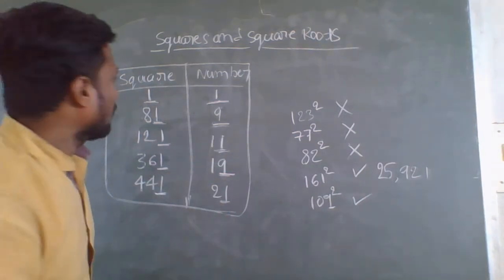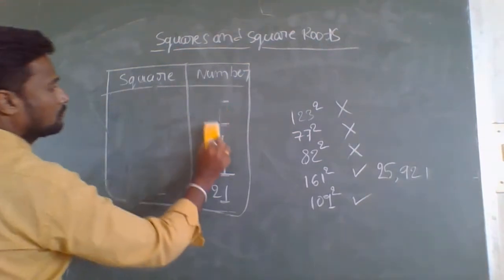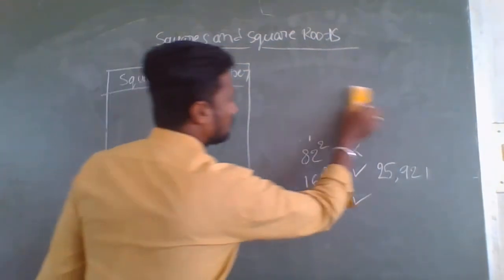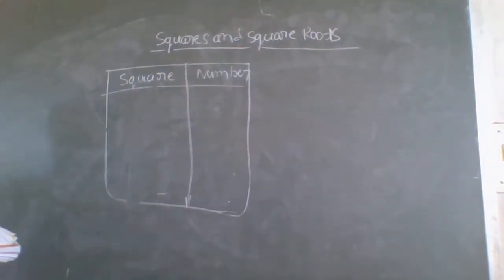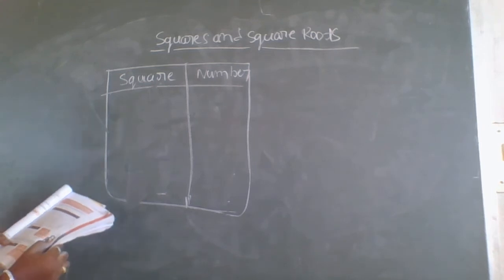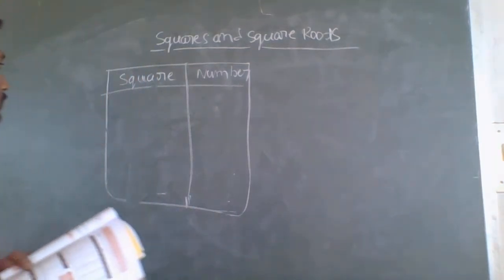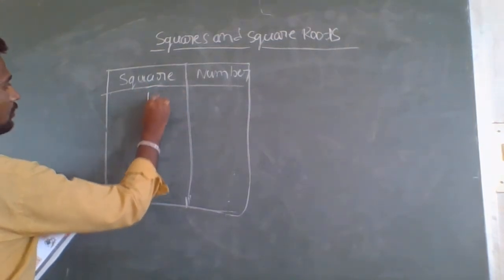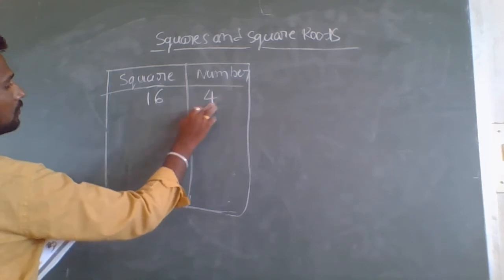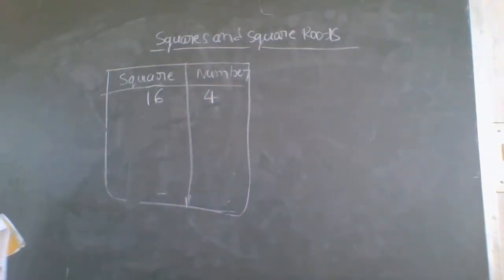So now again they have given one table here. On page number 91 only, let us consider square numbers ending with 6. The first one is 16. 16 is the square value of 4, because 4 into 4 is 16.